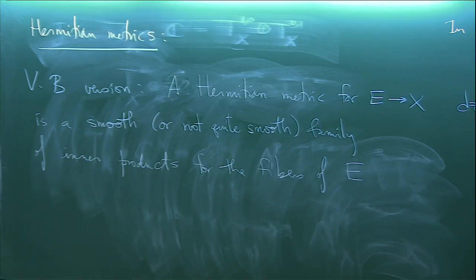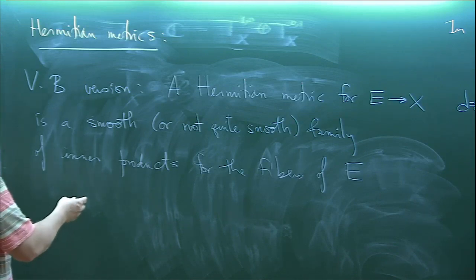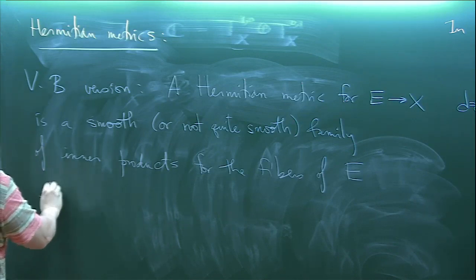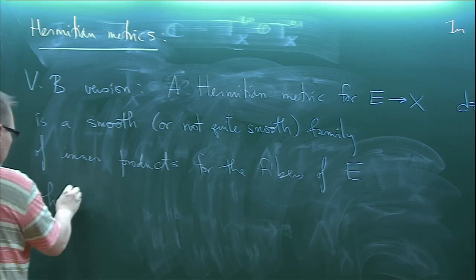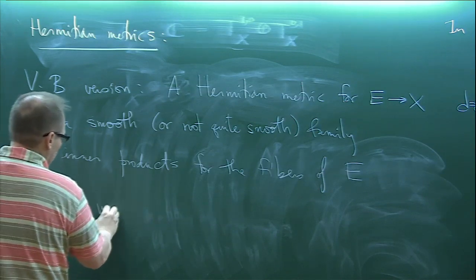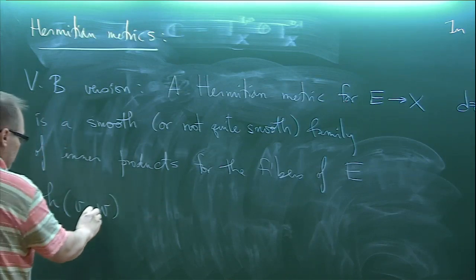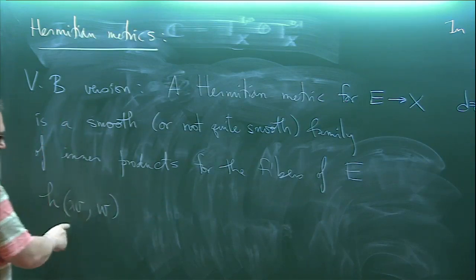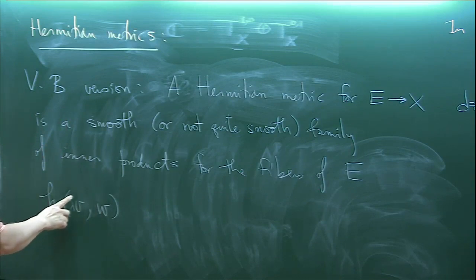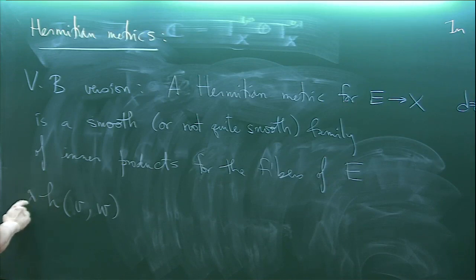There's another quick way to say exactly the same thing. A Hermitian metric, let's write such a thing. You stick in two vectors, maybe v and w, but if you multiply v by lambda, a scalar, then the lambda can come out here, but then it can go back in as a conjugate.